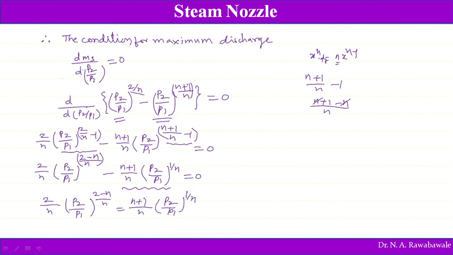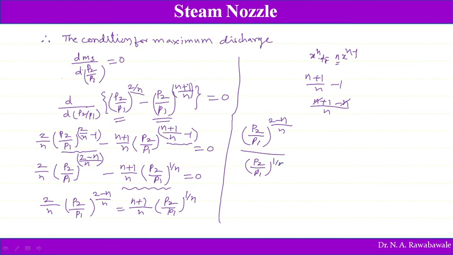Now transferring the terms p2 divided by p1 on one side and n terms on another side, we can rewrite this here. p2 divided by p1 to the power of 2 minus n divided by n whole divided by p2 divided by p1 to the power of 1 over n.